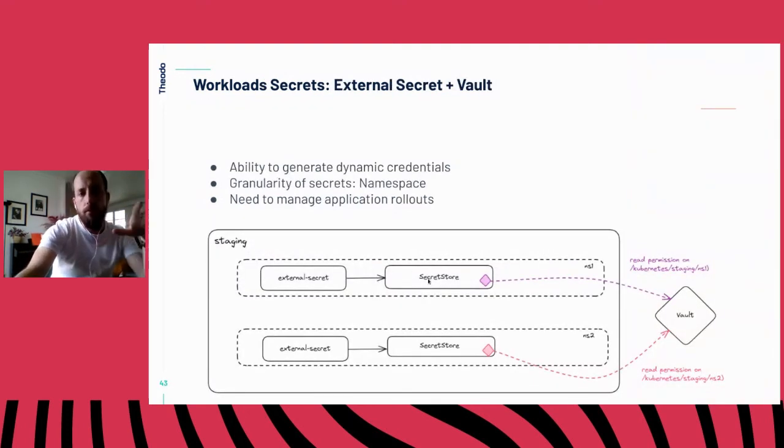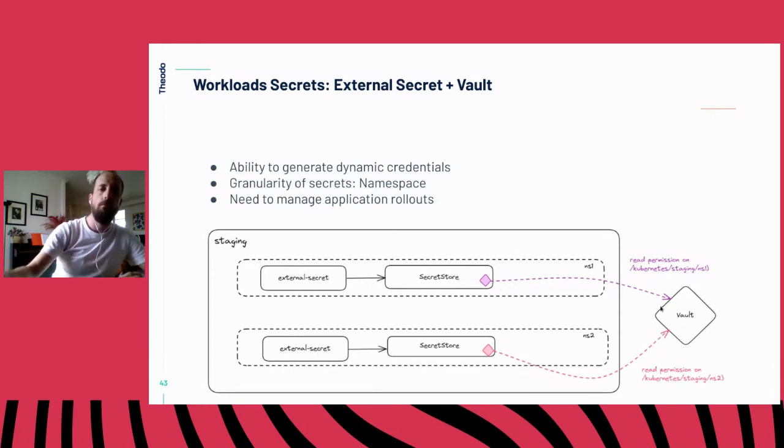So the first setup that we can see is using Vault as a backend and using External Secrets in Kubernetes to get these secrets. In each of your Kubernetes namespaces, you will use External Secrets to connect to a secret store that is connected to Vault. So each time your application wants to use a secret, this secret is automatically synchronized by External Secrets.